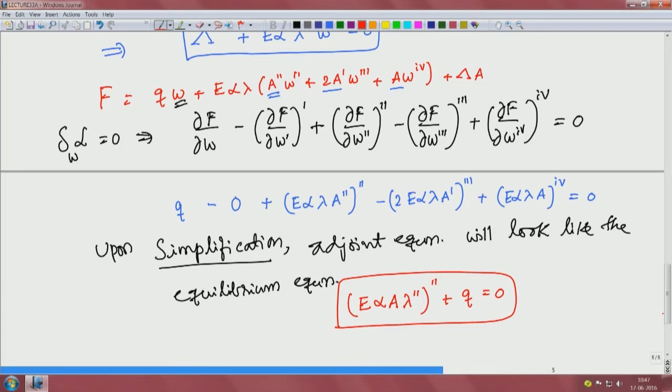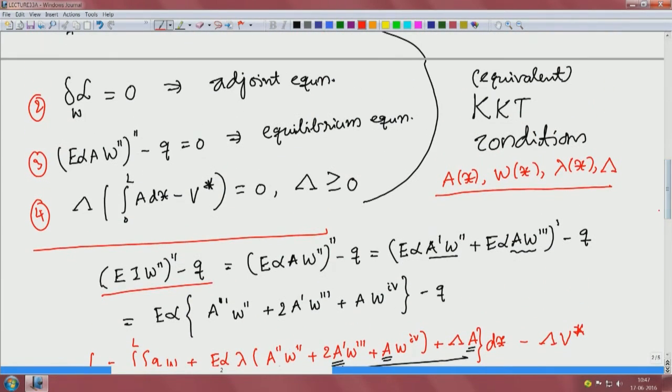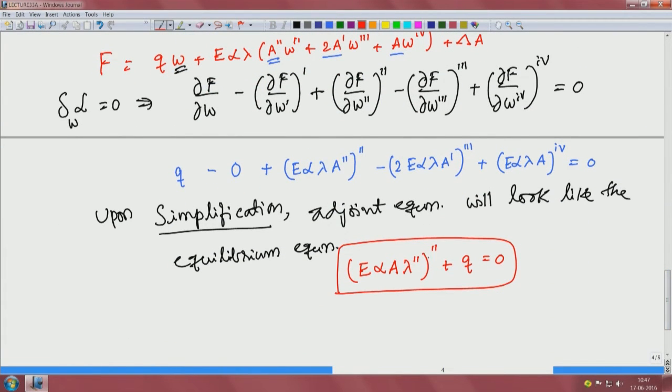If you compare it with the governing equation, which is E alpha A W double prime minus Q, here it is just the plus sign, E alpha A lambda double prime. So, comparing these two, we can conclude that lambda equal to minus W. There is a minus Q here, and a plus Q there.